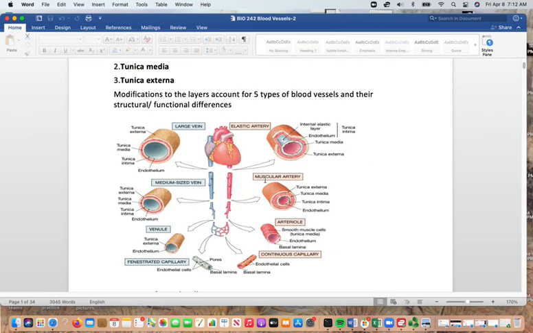And then you can see the muscular arteries or the medium-sized veins, and down at the bottom the capillaries. Your key differences are the size, and you can see the muscular layer is the key difference for all of them.